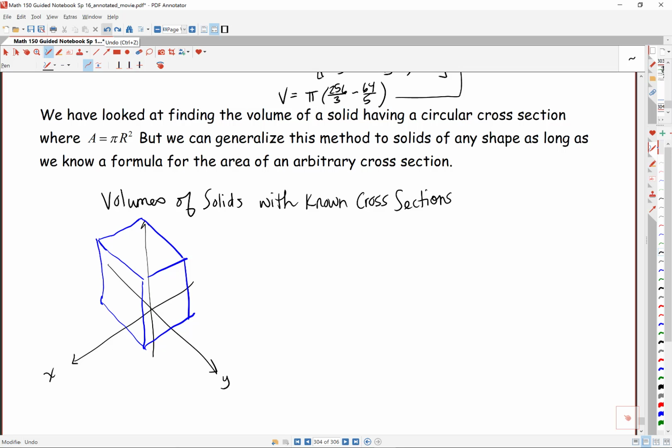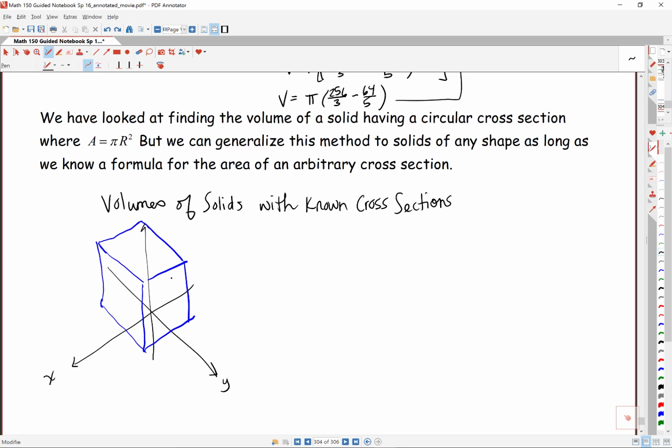Any of these cross sections are going to be perpendicular to the x-axis.